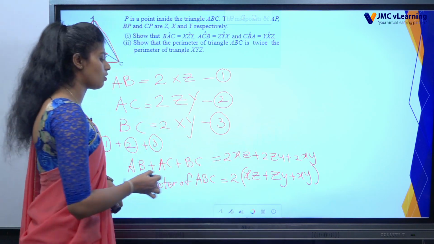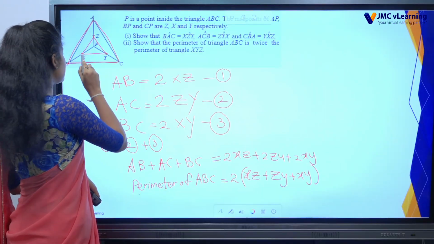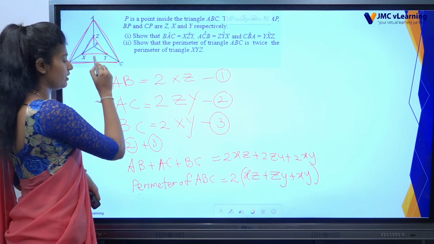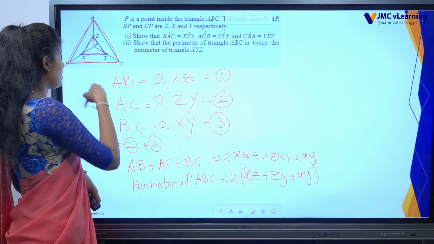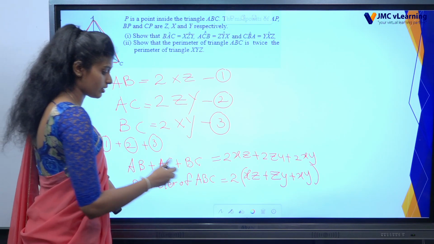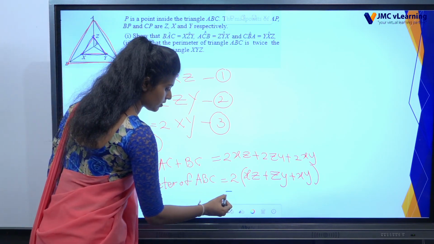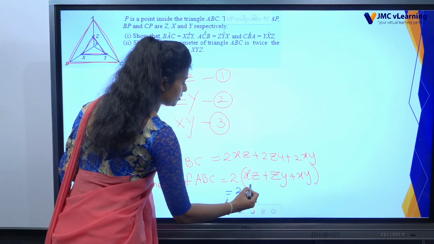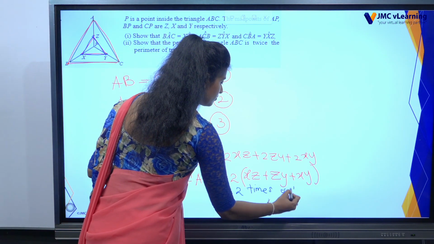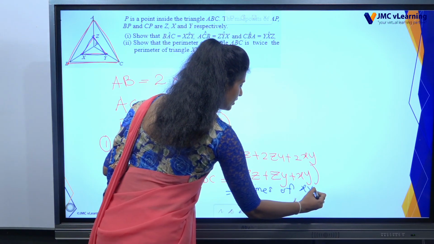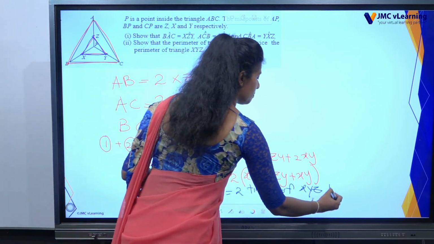Then when you add XZ and ZY and XY, that means XYZ triangle. So this one is 2 times the XYZ perimeter.